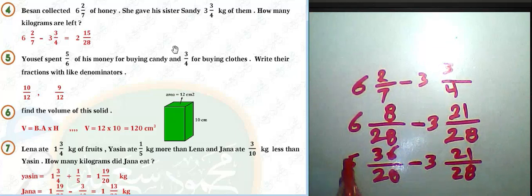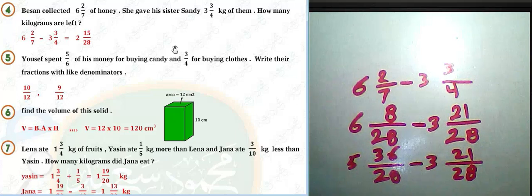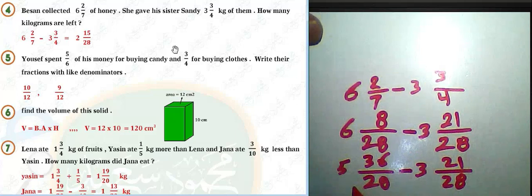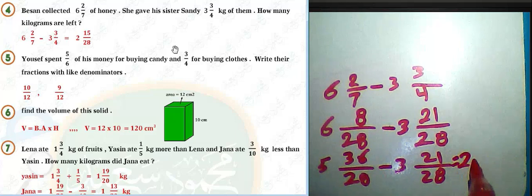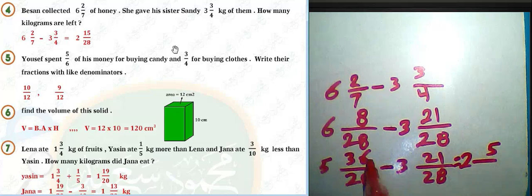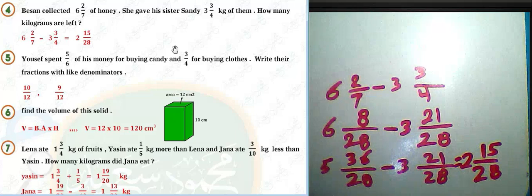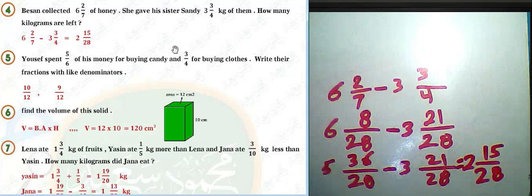You must pull 1 from 6, it will be 5, and 1 will be 28/28 plus 8/28 equals 36/28, and then you can find the difference between them. 5 minus 3 equals 2, and 36 minus 21 equals 15, and write 28 in the denominator. So the result will be 2 and 15 over 28 kilograms.